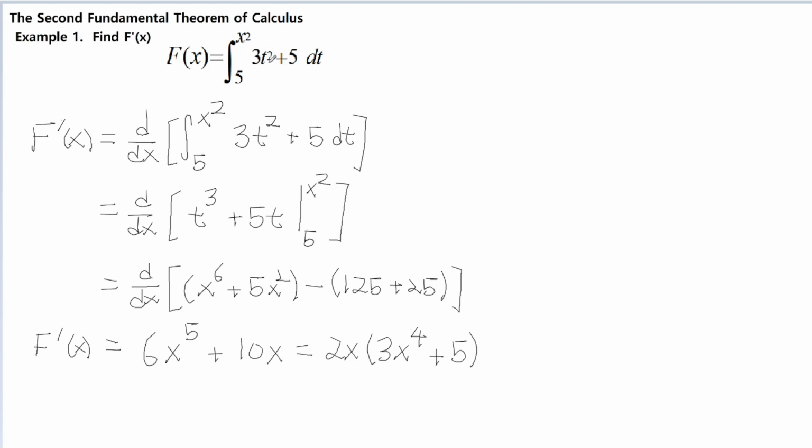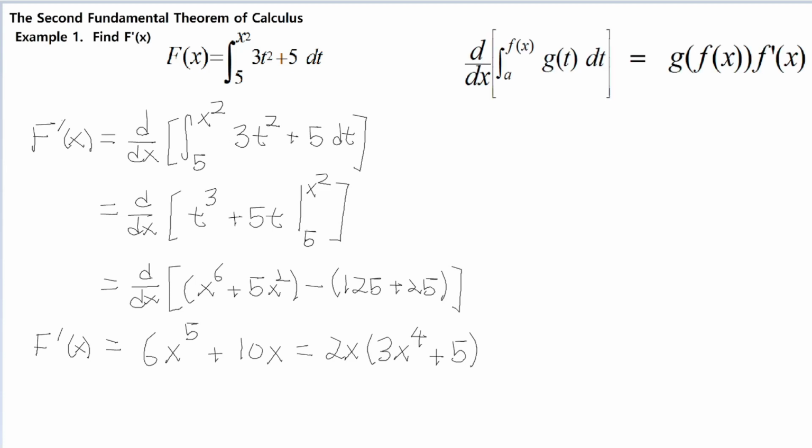It seems like that t squared was replaced with x squared, because if you substitute x squared into t, you get 3 times x squared to the second power, which is 3x to the fourth. And that 2x is your derivative of x squared.